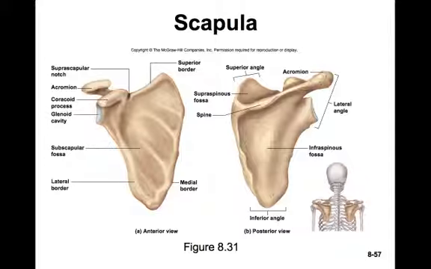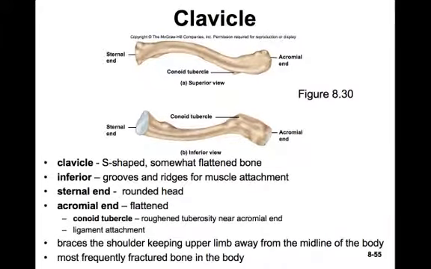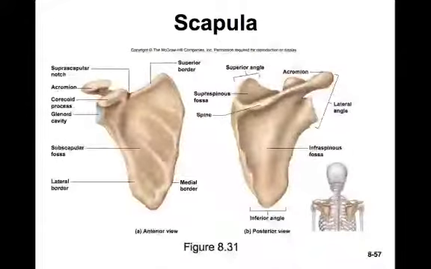You've probably heard of the rotator cuff. The rotator cuff is a series of muscles that go from the upper arm and attach to various points around this joint. Those are the primary forces that hold the upper arm in place. So together, the clavicle and the scapula form the pectoral girdle.